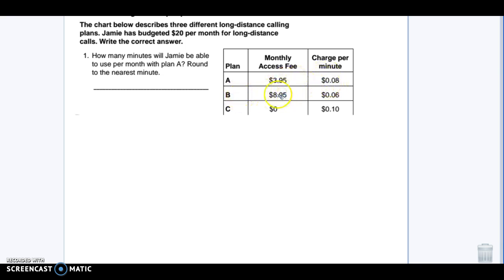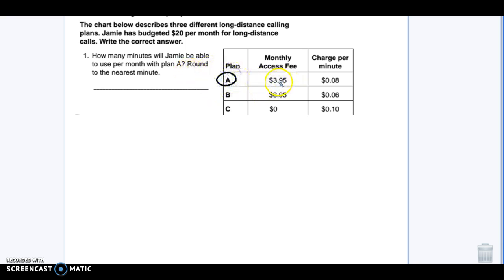Plan B charges $8.95 to access, however 6 cents per minute. And plan C does not charge any access fee, however it does charge 10 cents per minute. In this question, they want to know how many minutes Jamie will be able to use per month with plan A. So here again we are looking at plan A.